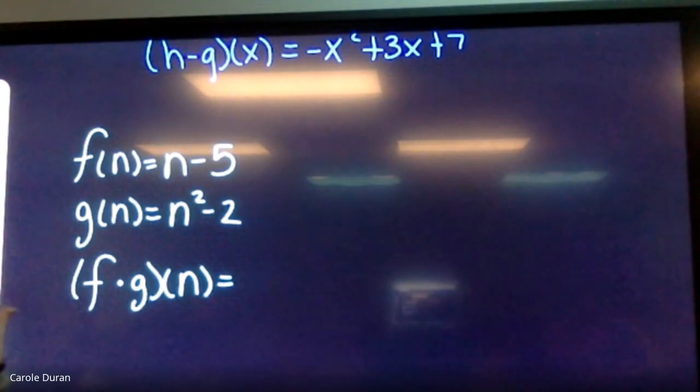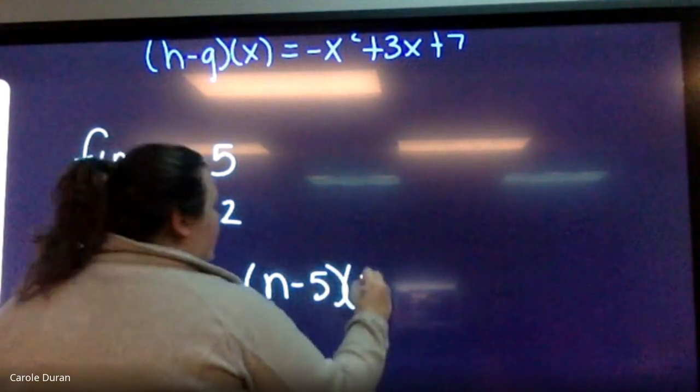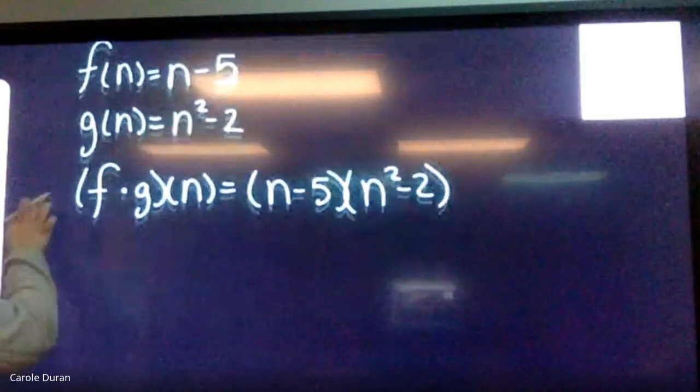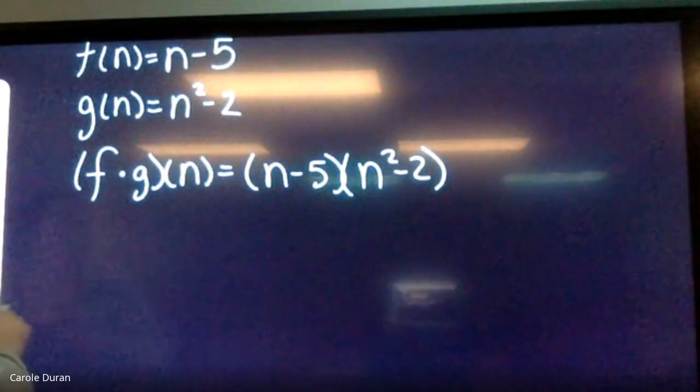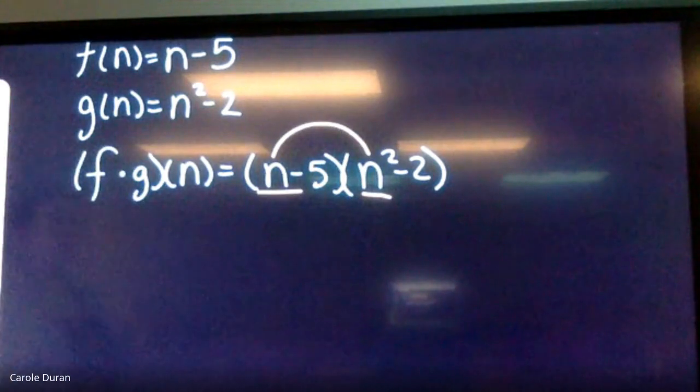I'm going to take my f function and multiply it by my g function, which means I'm probably going to have to FOIL. So my f function is n minus 5. My g function is n squared minus 2. We're going to go ahead and FOIL this. I'm going to color code for the first one so you see what's happening. For FOILing, we multiply our first terms together first. So what's n times n squared?